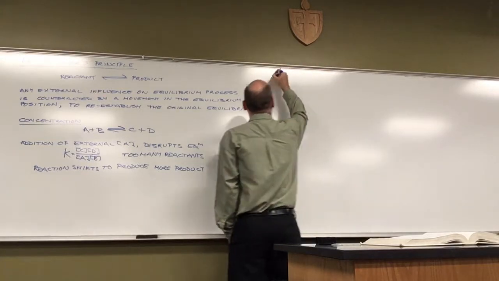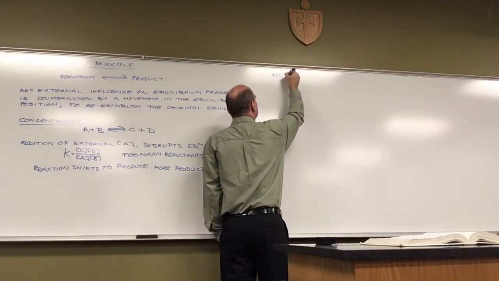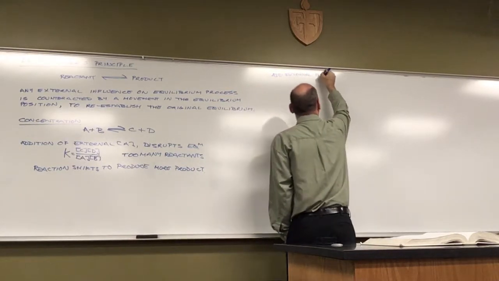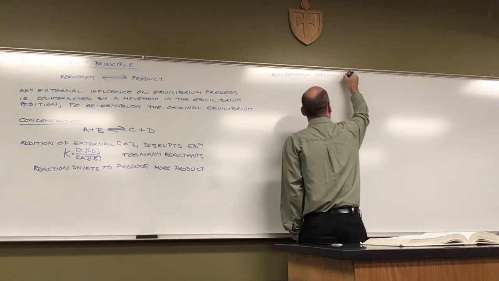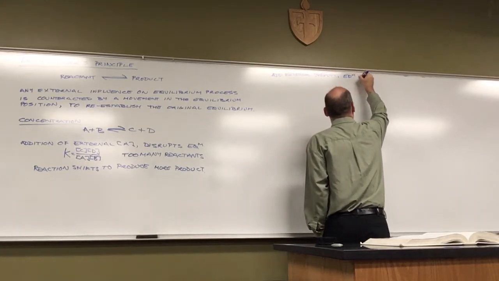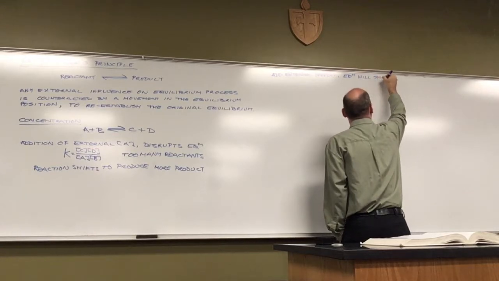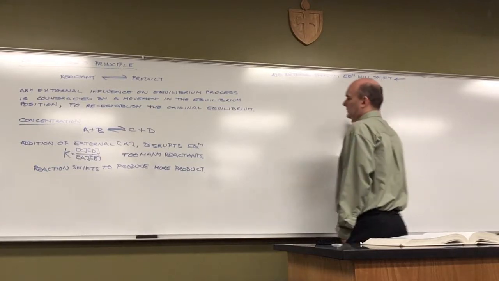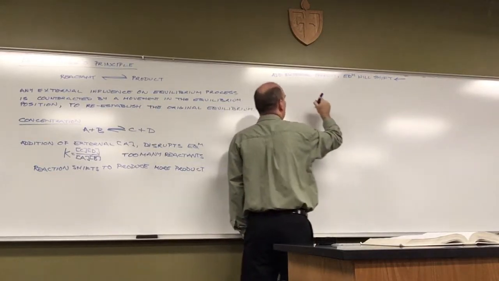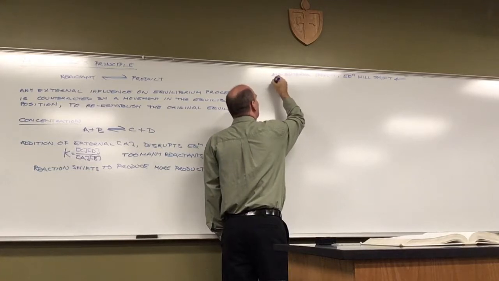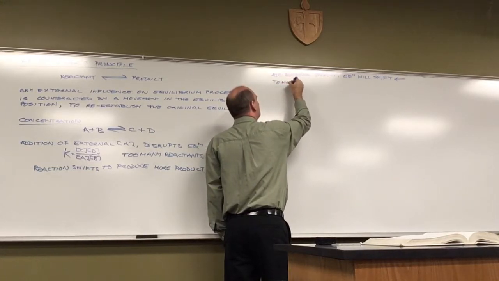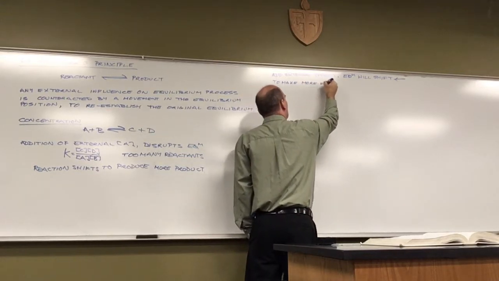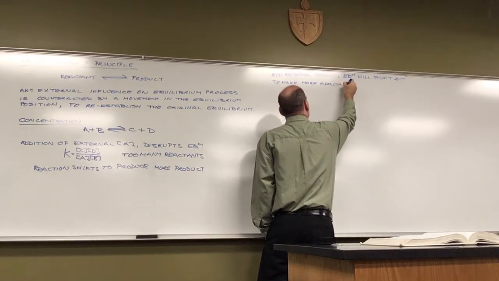Conversely, if you added external product, the equilibrium will shift to the left because you have too many products, and you will make more reactants.